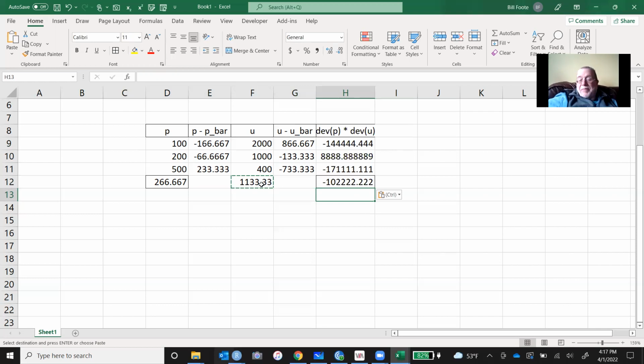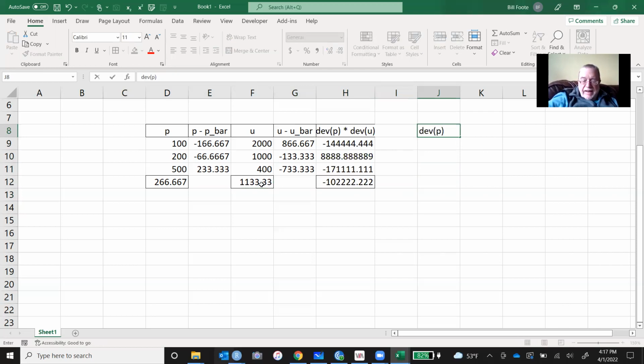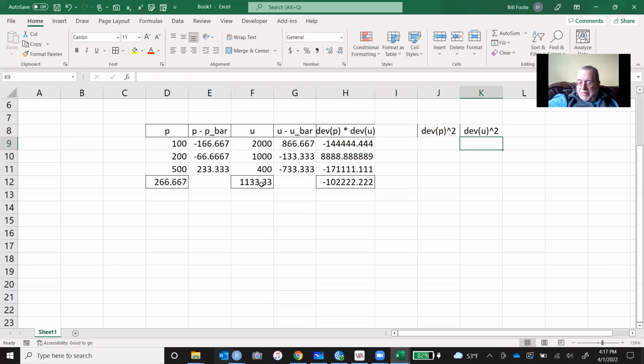All right. What are the standard deviations of our two erstwhile variables? Well, we can take the deviation of price and square it. We can take the deviation of units and square that to get our variances. Take the square root of the variance, you get standard deviation. And you know where I'm going with this.